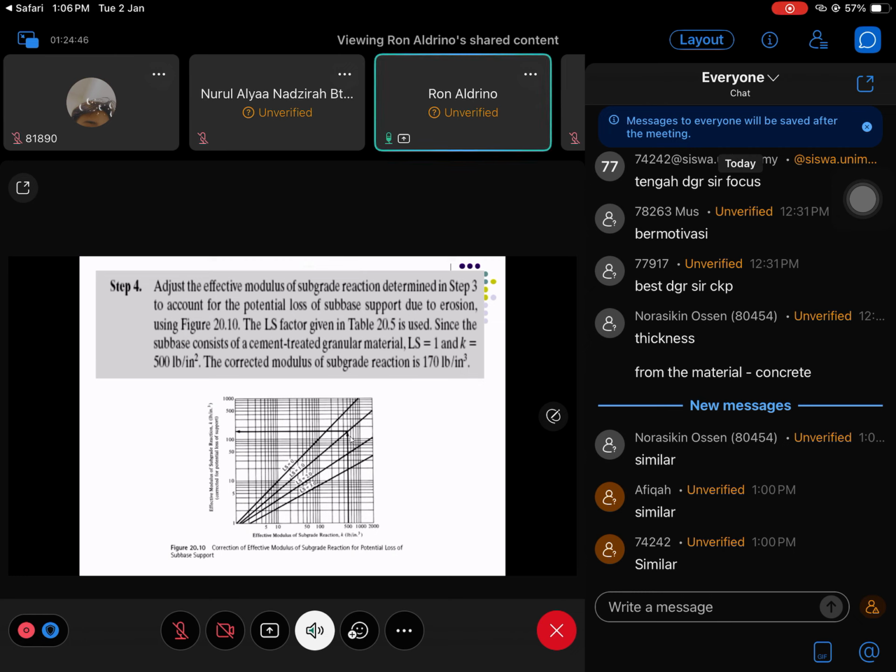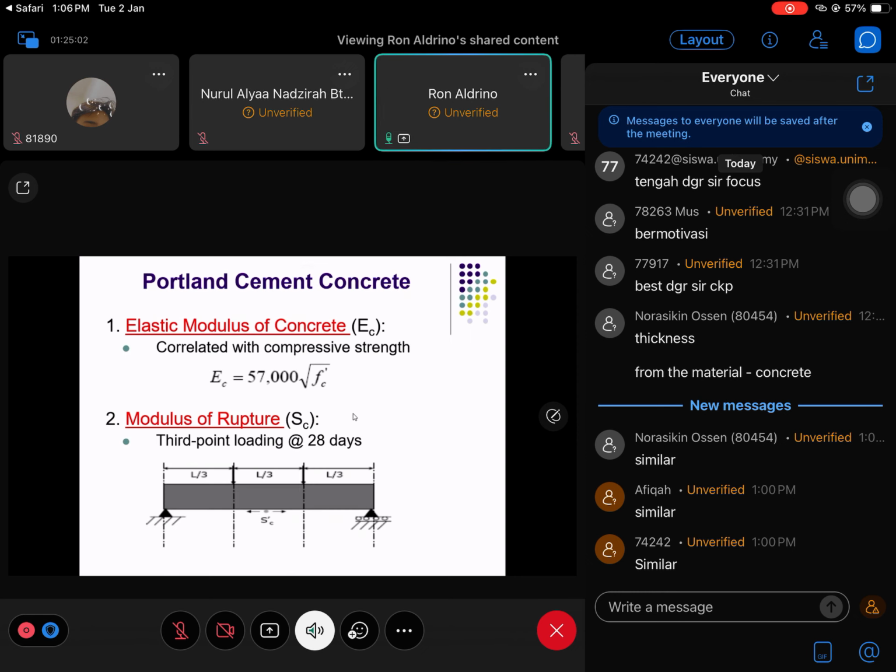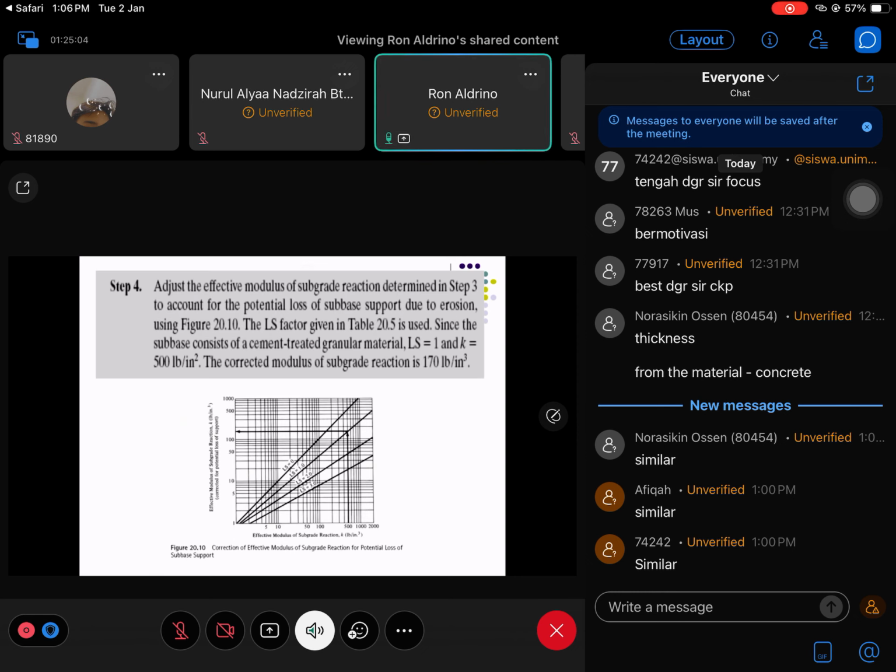You draw a line up touching the LS of 1, and then draw the line across. So you get the subgrade reaction correction. The correction due to erosion is 170 pound per inch cubed. So those are the steps to use if you use this graph.